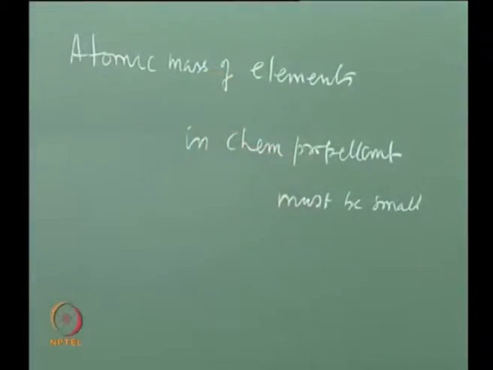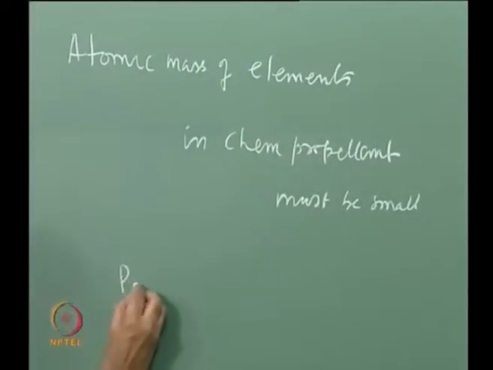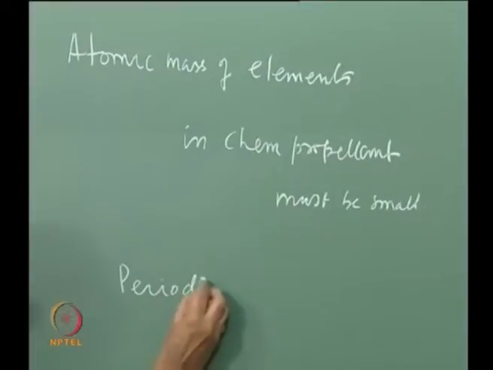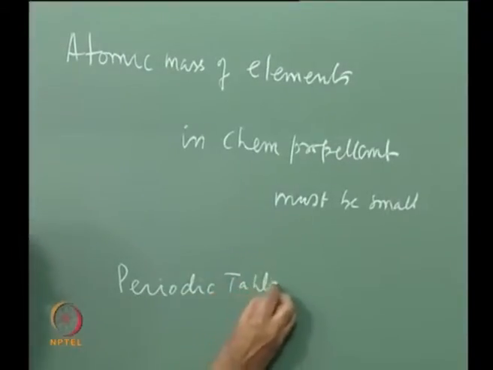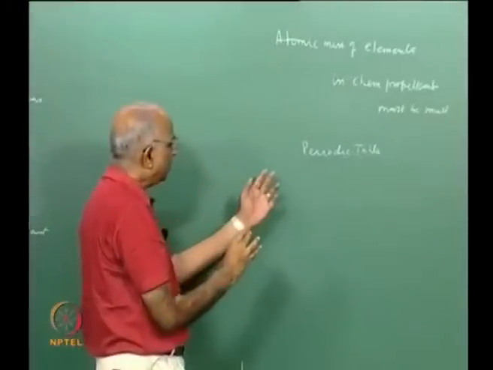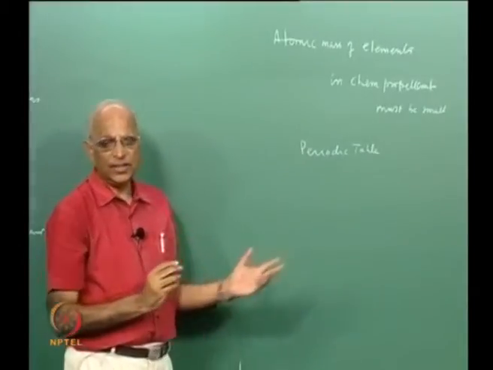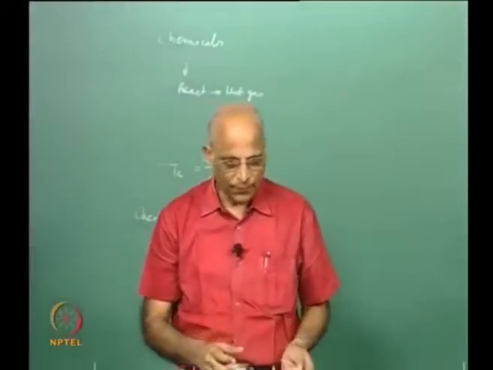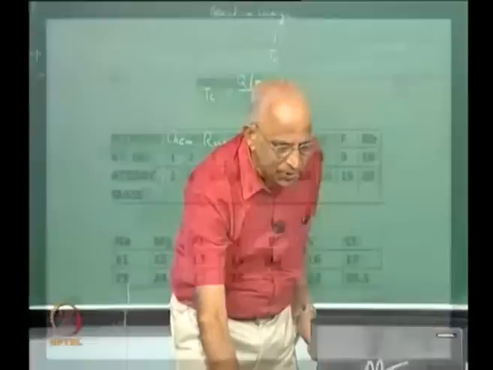Therefore, let us take a look. In chemistry, we have what is known as a periodic table, and what does the periodic table do? It arranges all the elements in terms of atomic number, and this is what we will first take a look at. Let us say this is the periodic table given here.